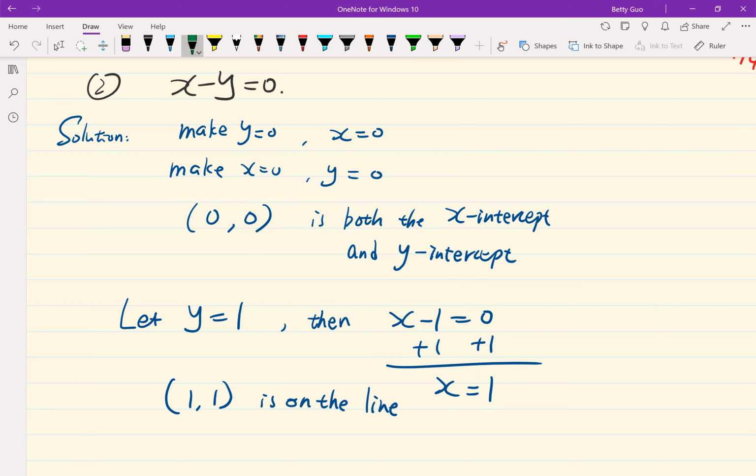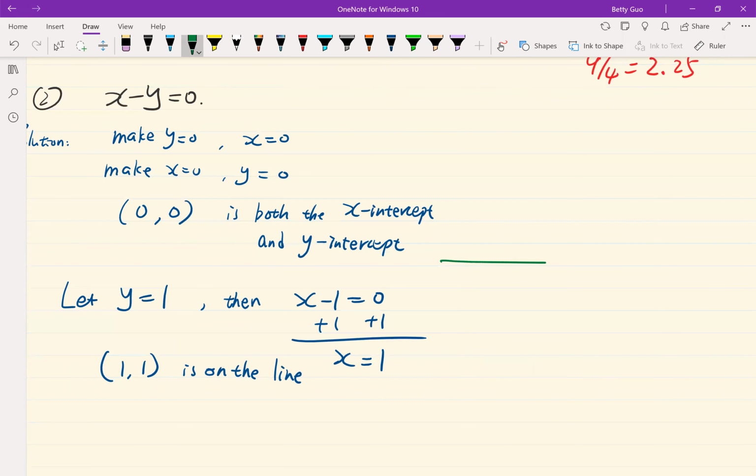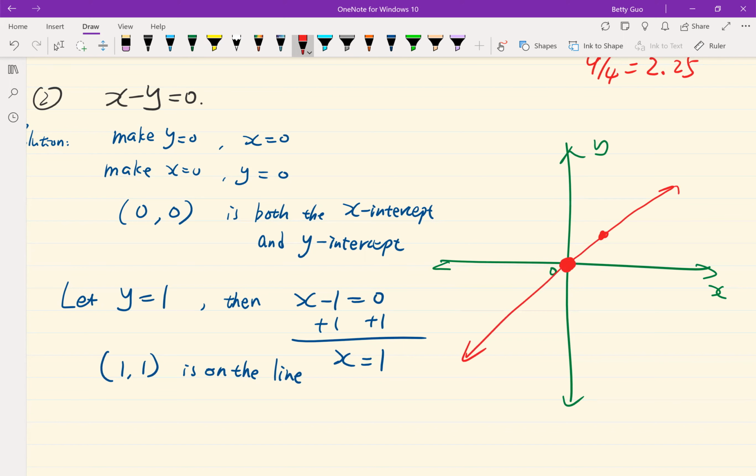When we graph the straight line, we have 0, 0, the x-intercept and also the y-intercept. We have 1, 1, the second point we got earlier. 2 different points are enough for us to graph the line. And this line is very special.